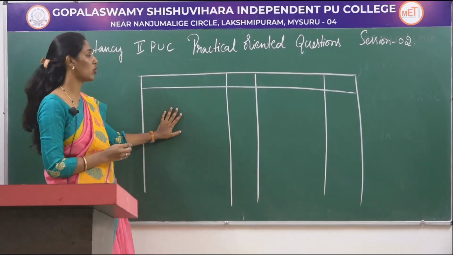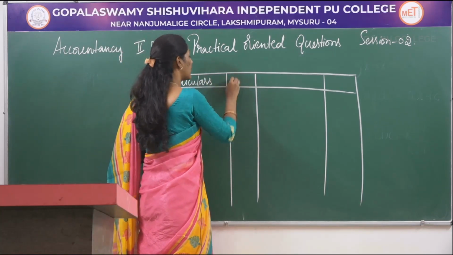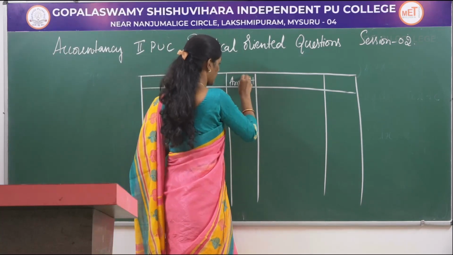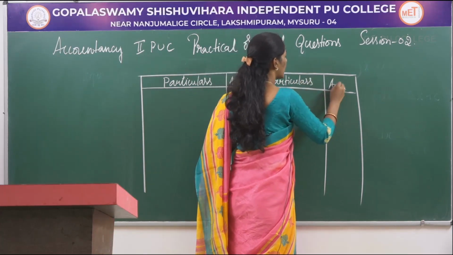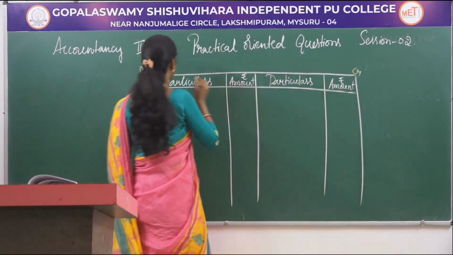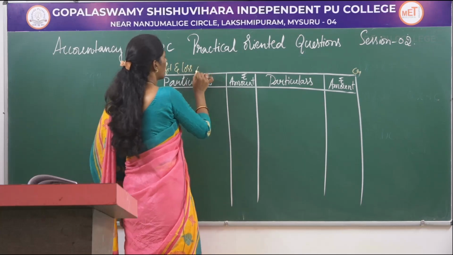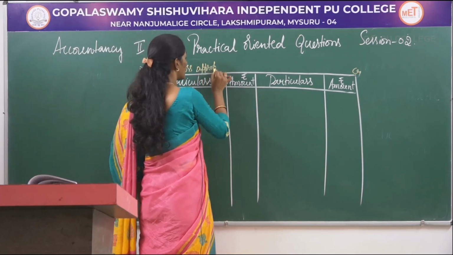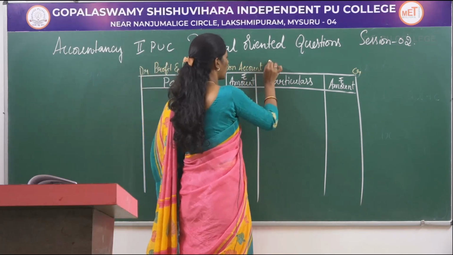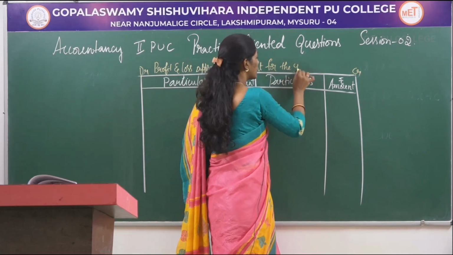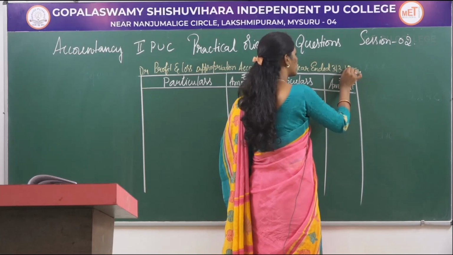As we know the format of profit and loss appropriation account, first column should write particulars, amount, and on the credit side, particulars, amount. Write the heading correctly, profit and loss appropriation account for the year ended 31/3/2018.